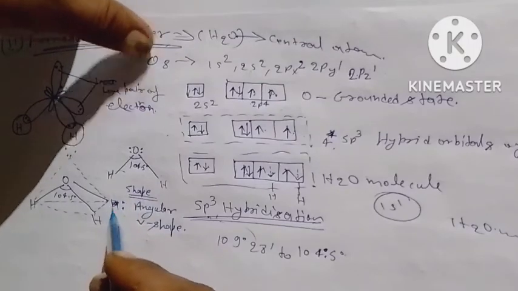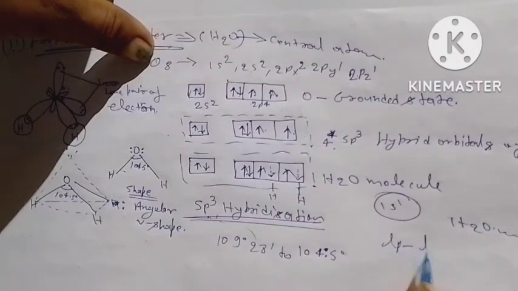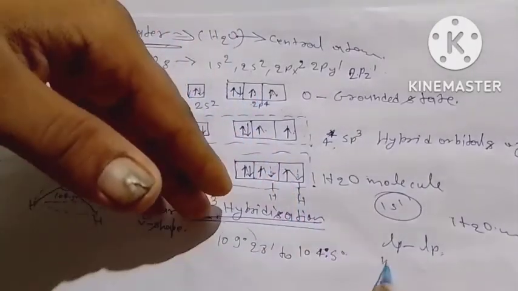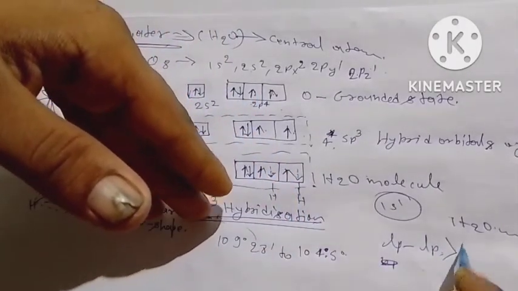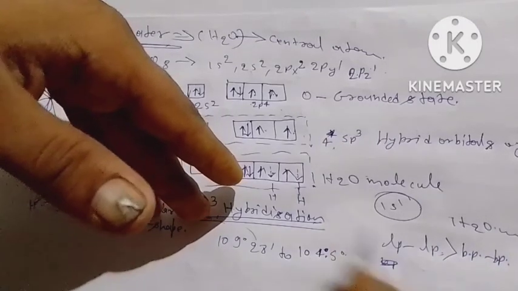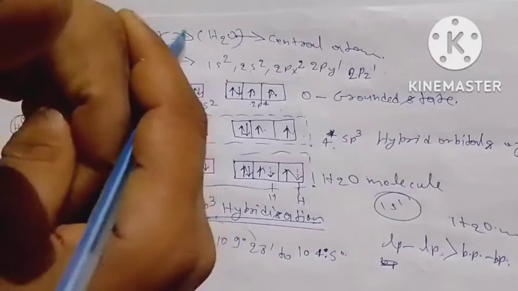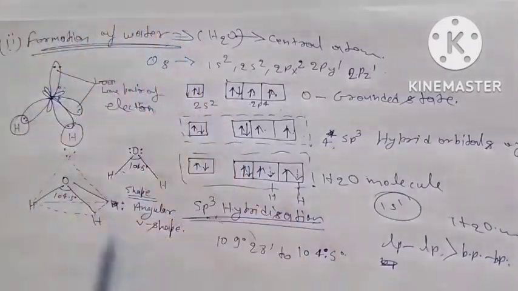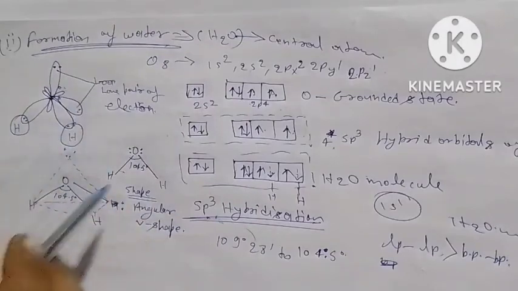This is because lone pair repulsion is greater than bond pair repulsion. The shape and structure of the H2O molecule is given in this figure.